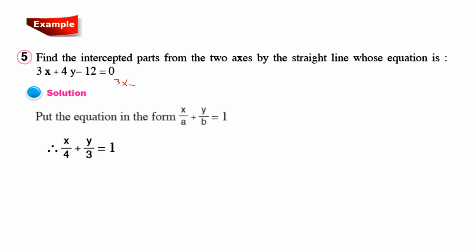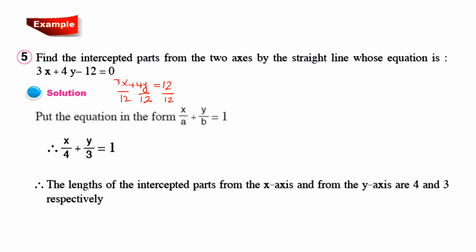So 3x over 12 plus 4y over 12 will be x over 4 plus y over 3 equals 1. So the intercepted parts from the x-axis and y-axis are 4 and 3 respectively.